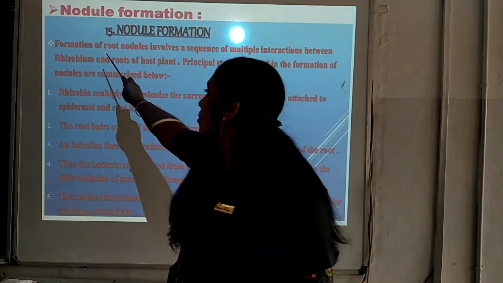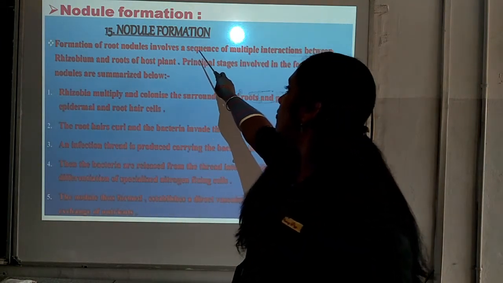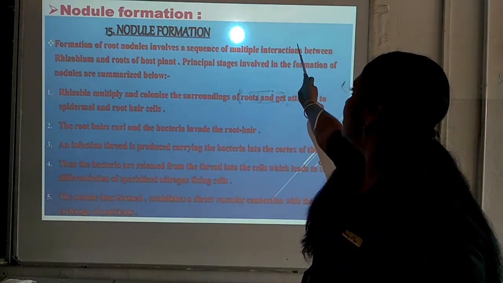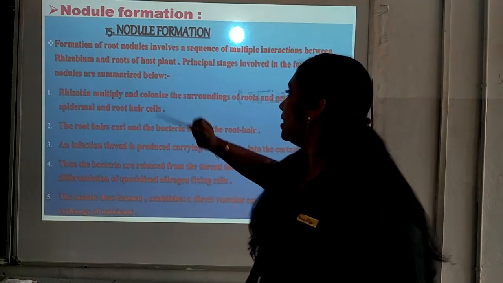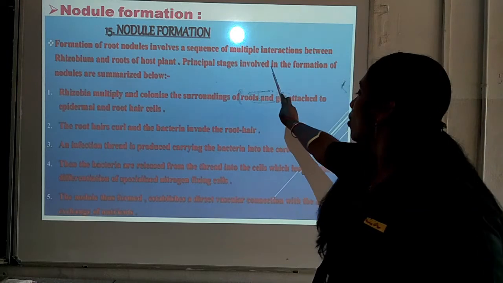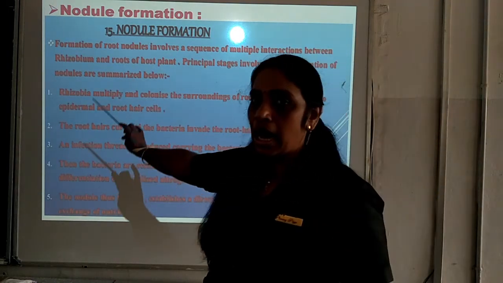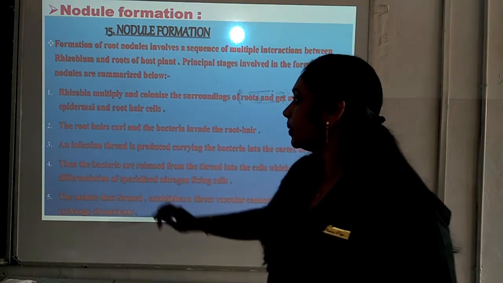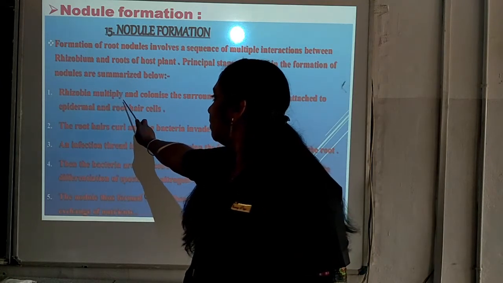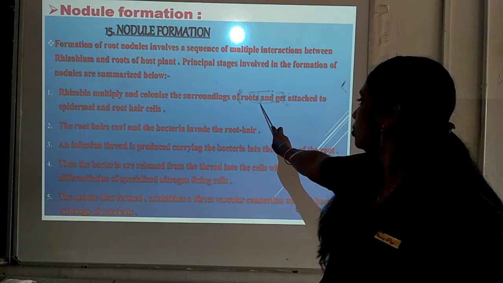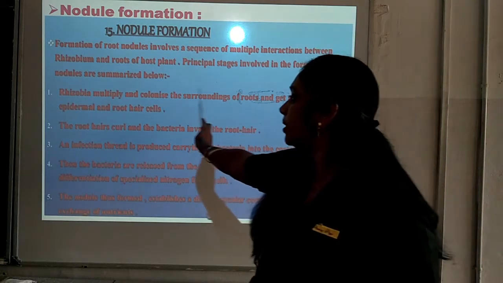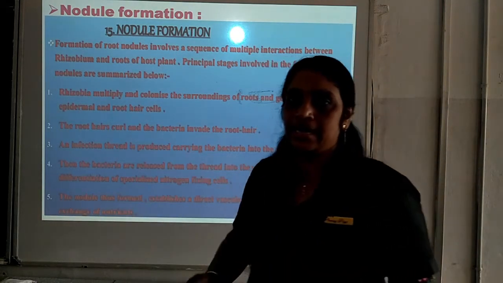Formation of root nodules involves a sequence of multiple interactions between rhizobium and roots of the host plant, and the stages involved in the formation of nodules are: number 1, rhizobia multiply and colonize the surroundings of roots and get attached to the epidermal and root hair cells.